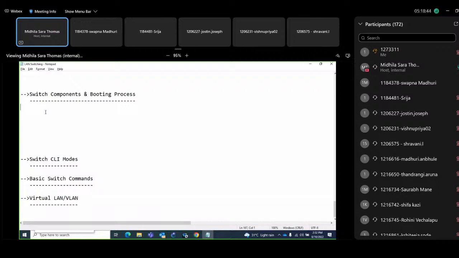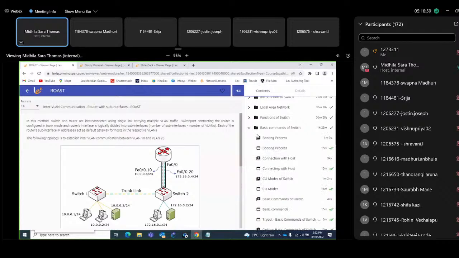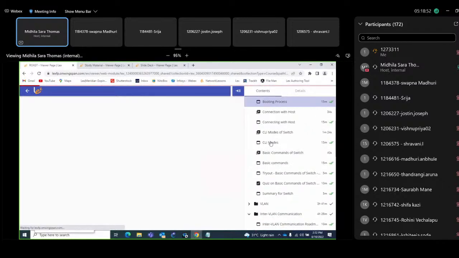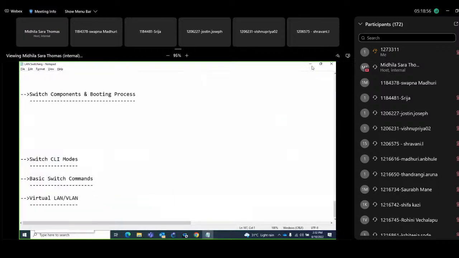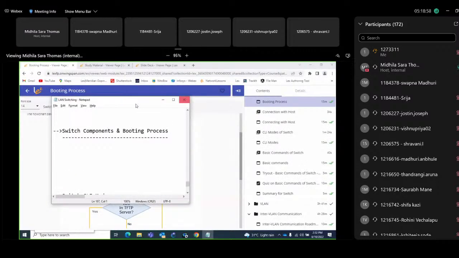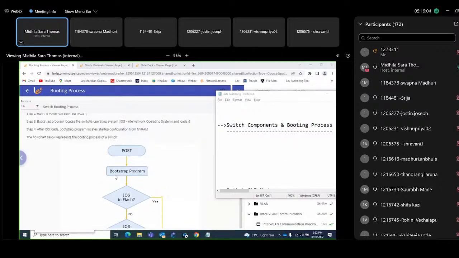Components, switch components and booting process. Guys, I'll show it, you already know it. Do you know this? Did you learn the same flow diagram somewhere? Yes or no?